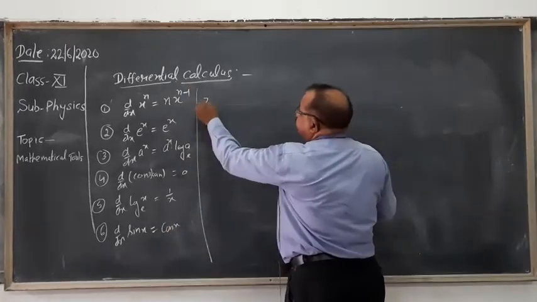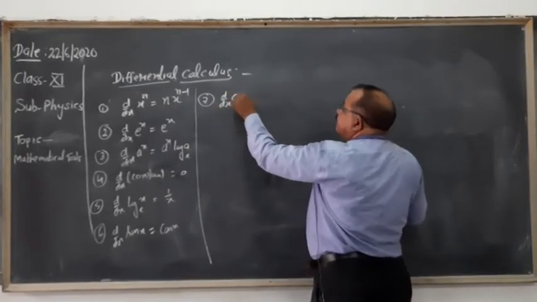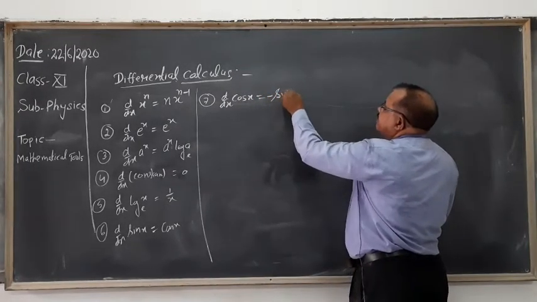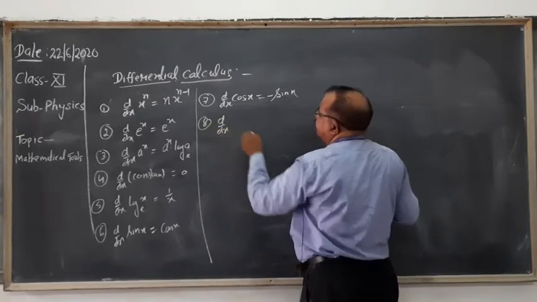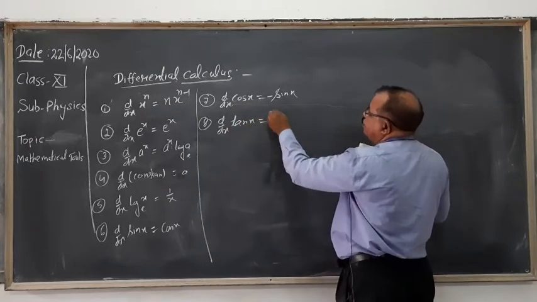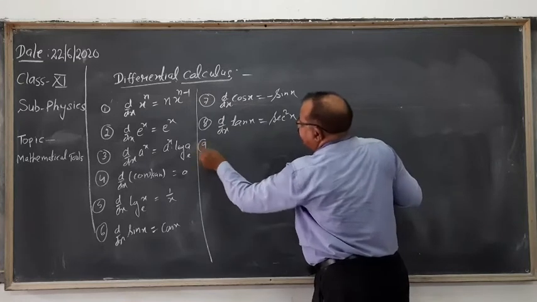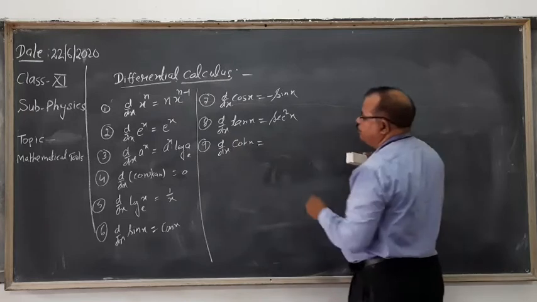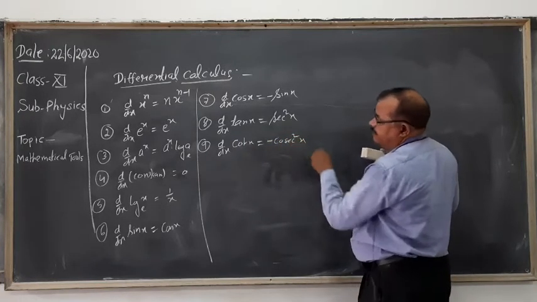Number 6, dy by dx of sin x equals cos x. Number 7, dy by dx of cos x equals minus sin x. Number 8, dy by dx of tan x equals sec square x. Number 9, dy by dx of cot x equals minus cosec square x.